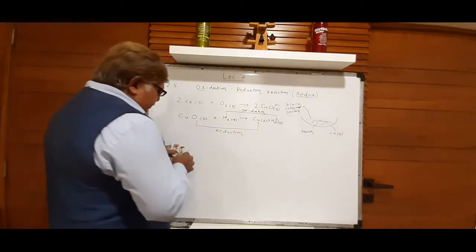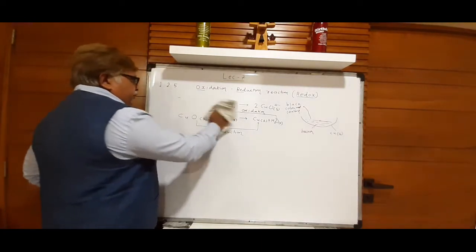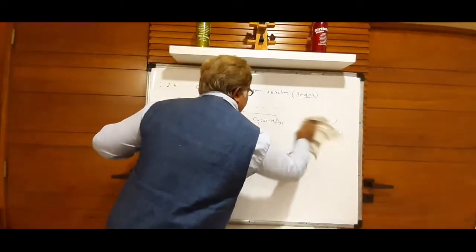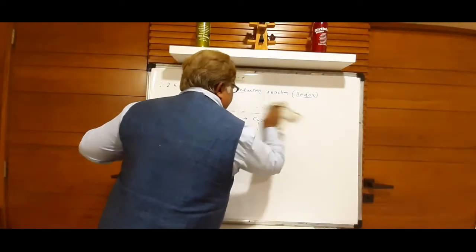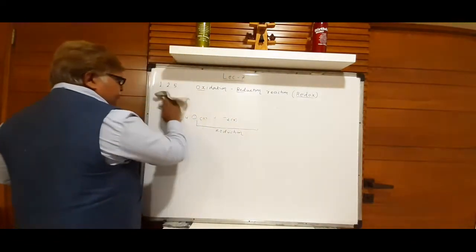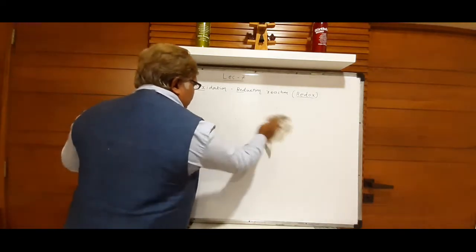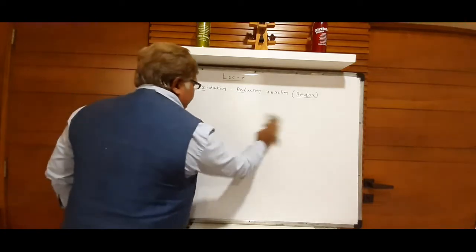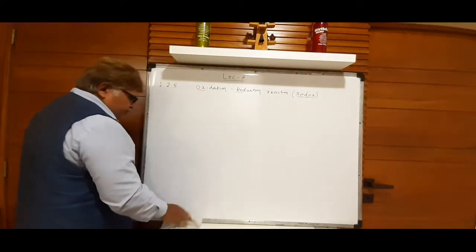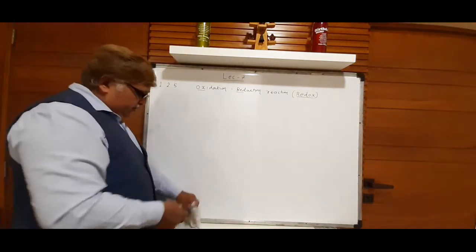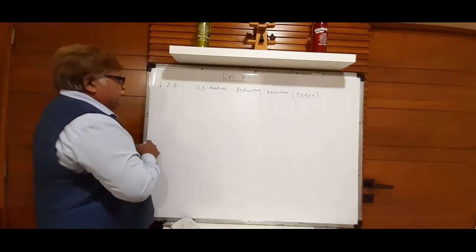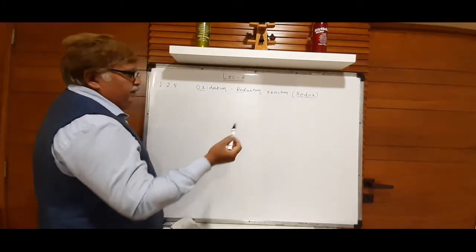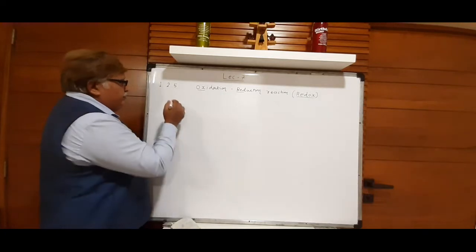Let us try to understand redox reaction in more detail by taking at least one or two examples. Such examples may be asked in the exam also. Suppose I write one reaction here. Just try to understand whether it is a redox reaction or not.